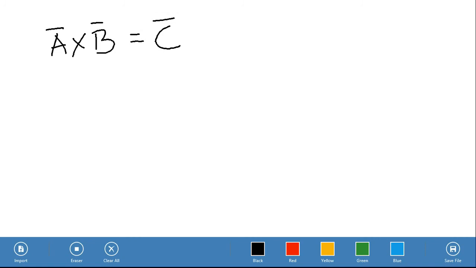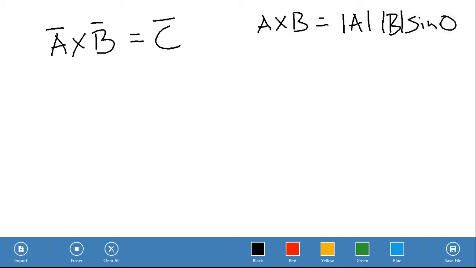I just realized actually at the beginning of the lecture when I was saying that A cross B equals the length of A times the length of B times the sine of theta in between them, what I actually meant here was this is supposed to be the magnitude of A cross B, because clearly this is not going to be a vector output.